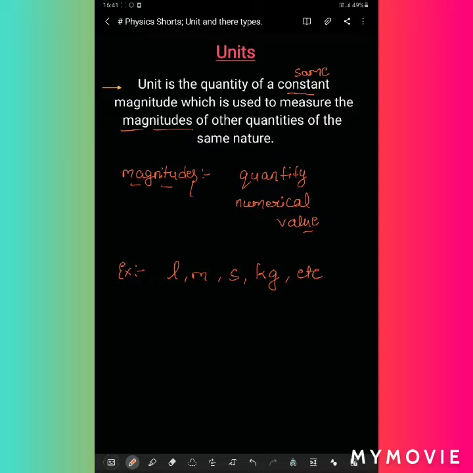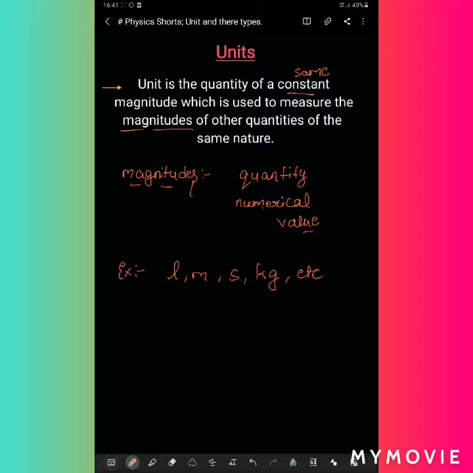Like for measuring a bottle we need something, we need a meter scale or a centimeter scale, right? So centimeter, meter, all are the units through which we are measuring the bottles. It is a quantity through which we are measuring the value of something of the same nature. So this is called a unit.